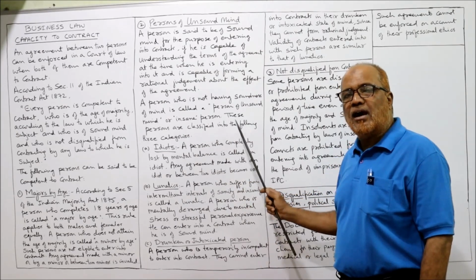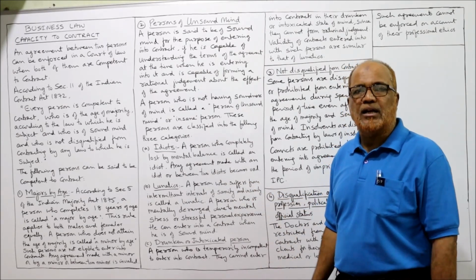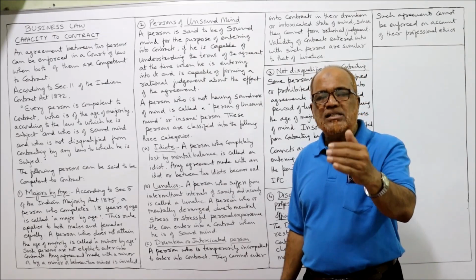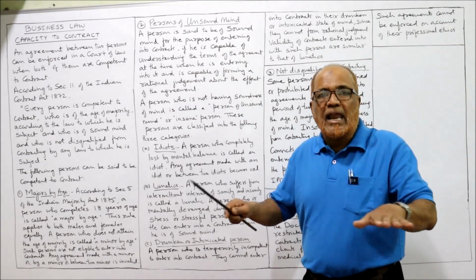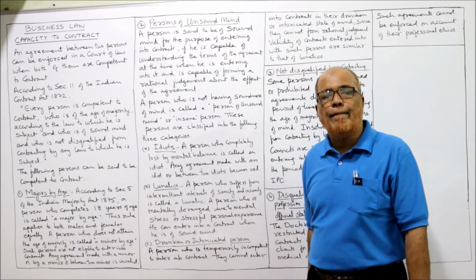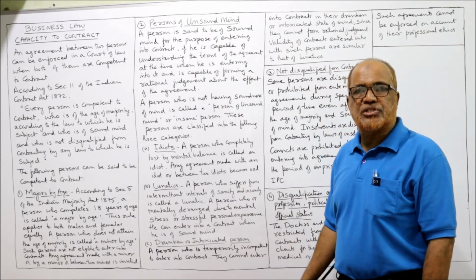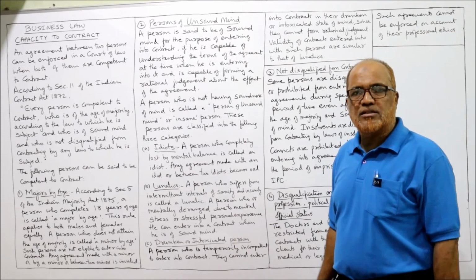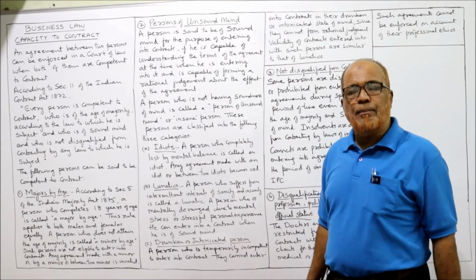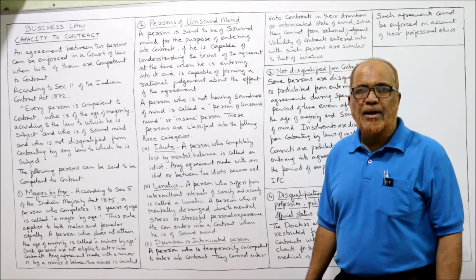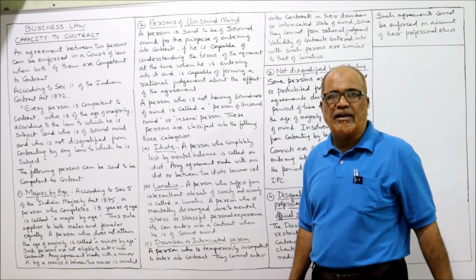These persons again are classified into three categories. That means an insane person, a person of unsound mind, can be classified into the following three categories. What are the three categories? First one, idiots. Who is an idiot? An idiot is a person who is having a permanent unstable mind, permanently unstable mind.